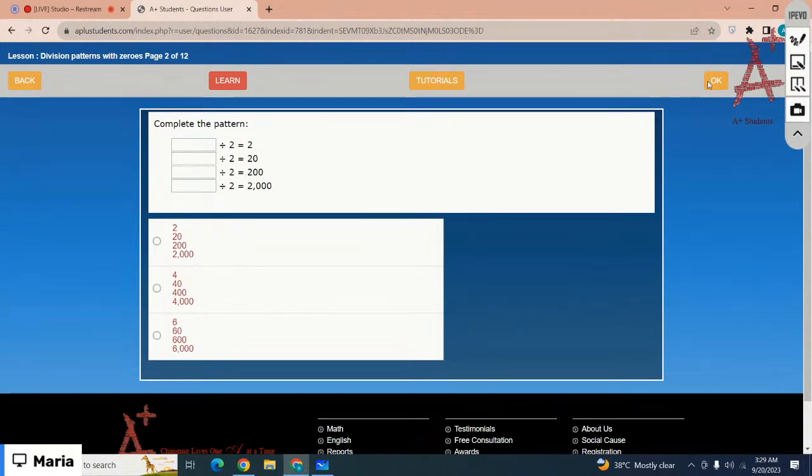Complete the pattern. Which is the correct option? Which number divided by 2 equals 2? Oh, you have written 1. I thought that was the option number. Which option is the correct one for this question?